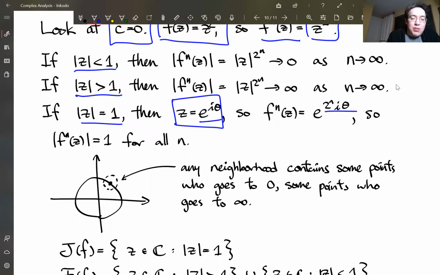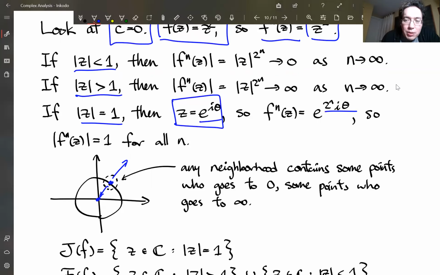Note that if you pick any point on the unit circle, then some points outside of the unit circle have modulus greater than 1, so they blow up to infinity. And some points sitting inside of the unit circle are going to go down to 0.